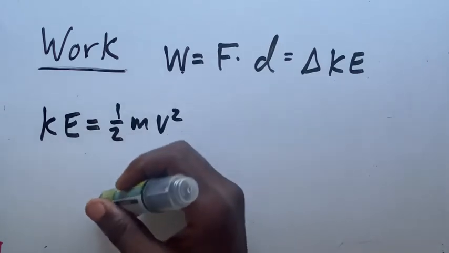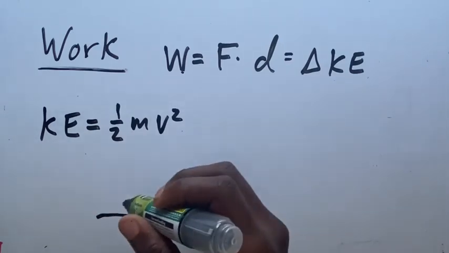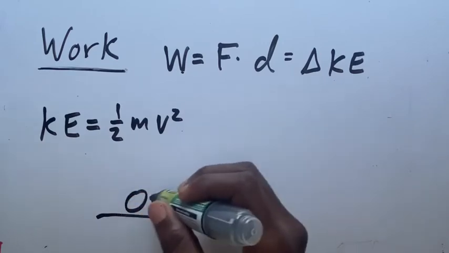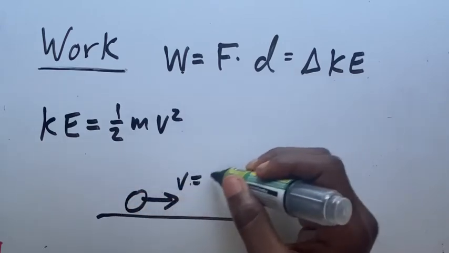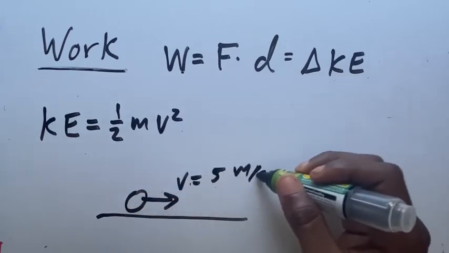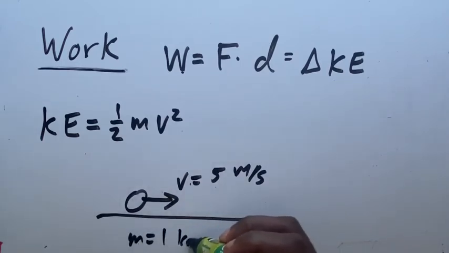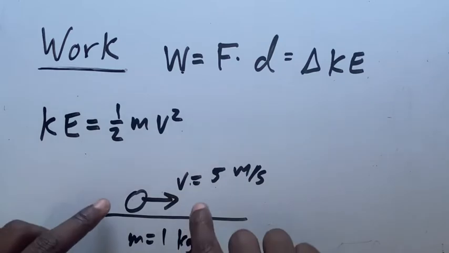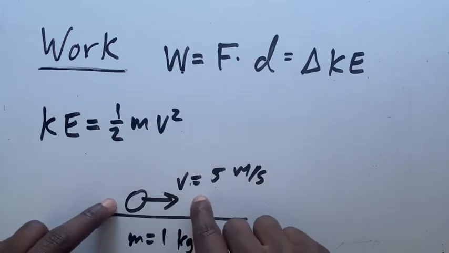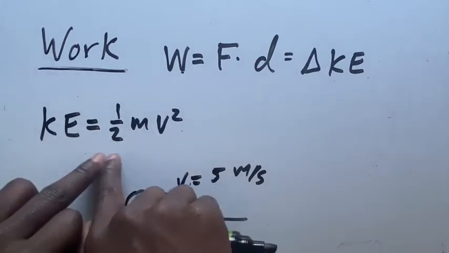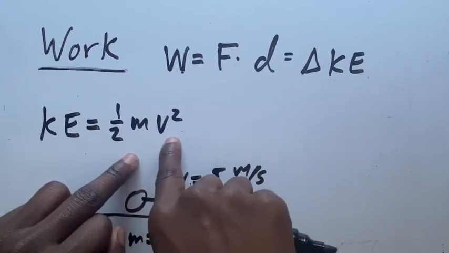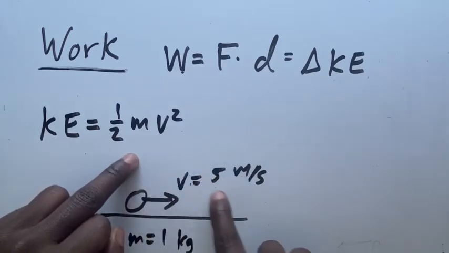So basically if I have a ball here and this ball has some velocity that way, say 5 meters per second, and say the mass is equal to 1 kilogram, I can find the kinetic energy of this ball by just using 1/2 times the mass times the velocity squared.